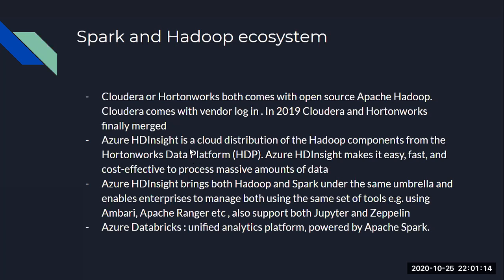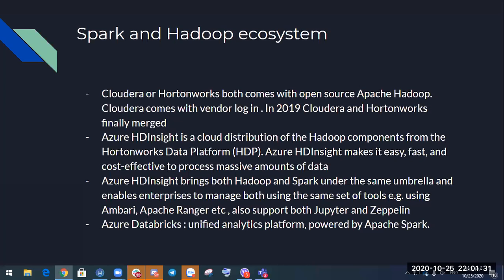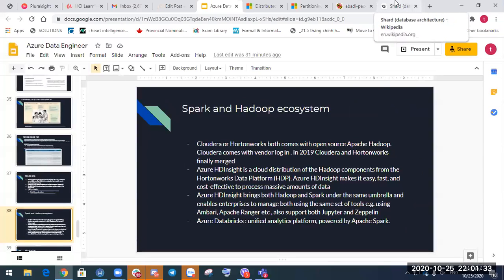Back to my point, Cloudera and Hortonworks used to be the main providers of open source Hadoop. With the Apache ecosystem, all of them are open source. So there's a huge ecosystem of different tools for data engineers to control and manage your system.